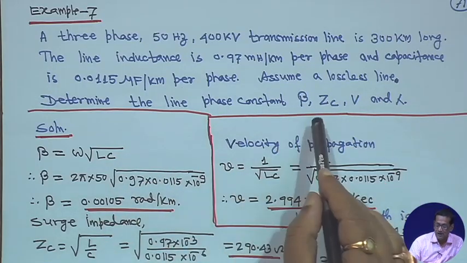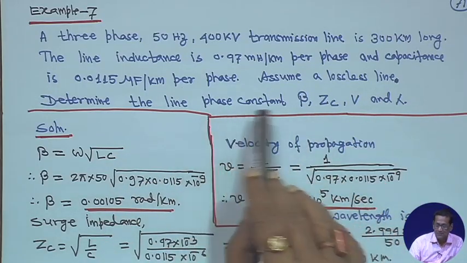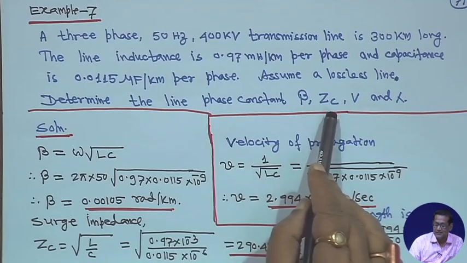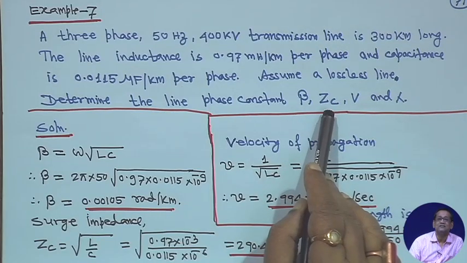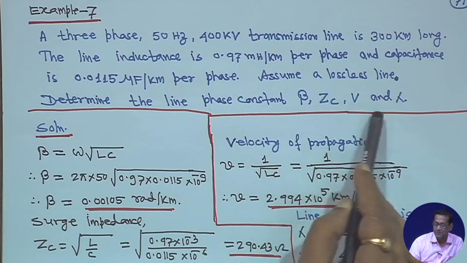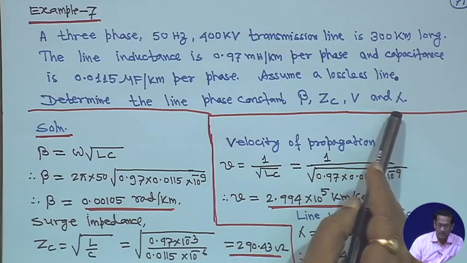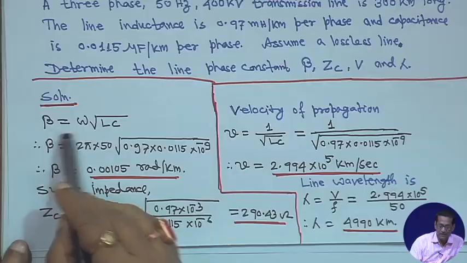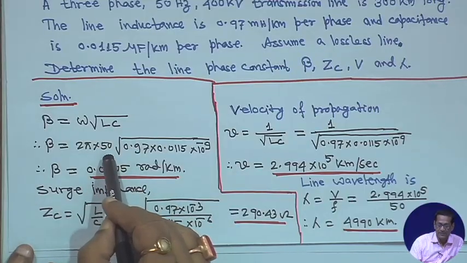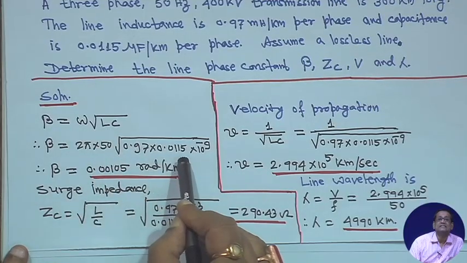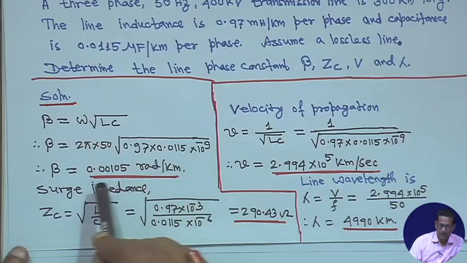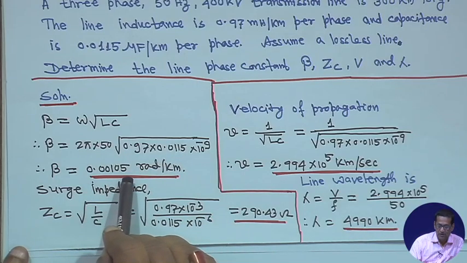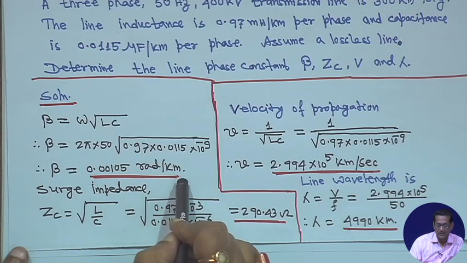You have to compute beta, the line phase constant, Z_c, the characteristic impedance or surge impedance, V the velocity of propagation, and lambda the wavelength. The solution is very simple. You know beta is equal to ω root over LC. It is a 50 hertz system, L is given, C is given, you substitute and you will get beta equal to 0.00105 radian per kilometer.